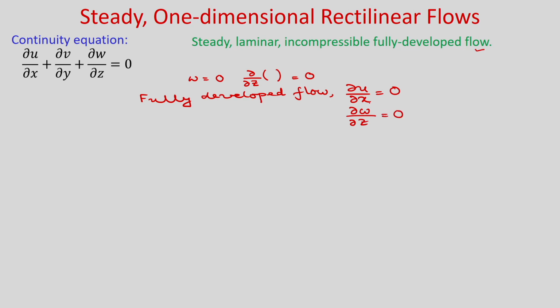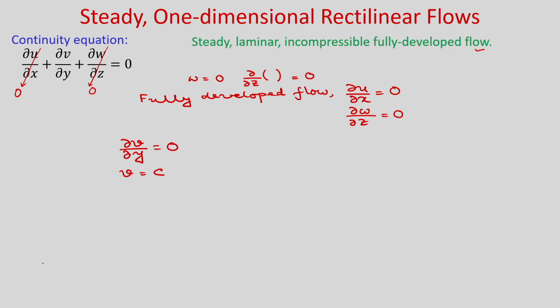Okay. So, from this continuity equation you can see this is 0 as it is fully developed flow, this is 0. So, we have del v by del y is equal to 0. That means, if you integrate it, v will be constant.